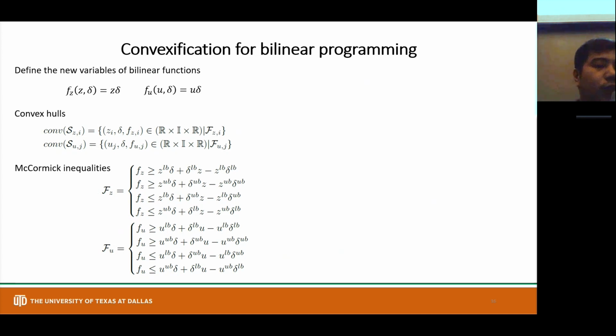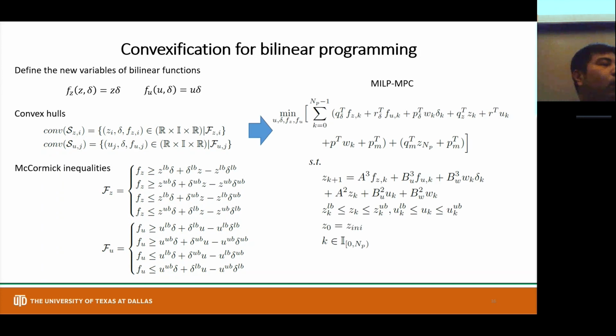With these new variables, we can build convex envelopes, and we use the McCormick envelopes to build this convex program. Now, with additional constraints, the mixed integer bilinear programming becomes a mixed integer linear programming, which improves the computational speed.